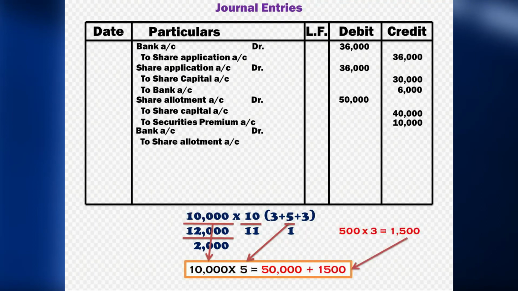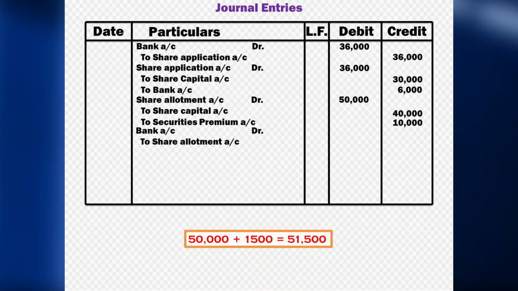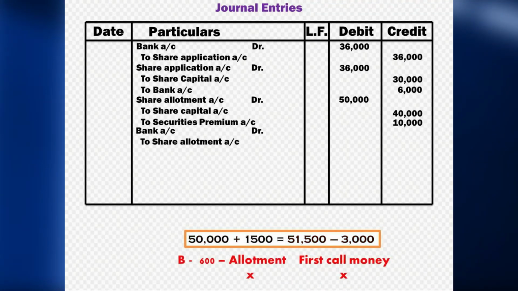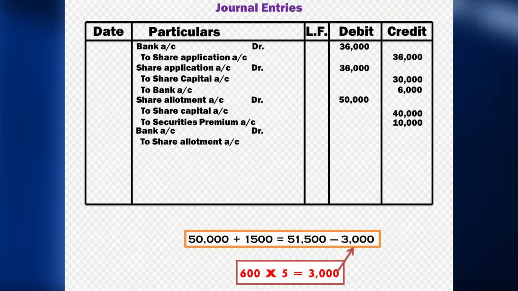This is the extra money of first call on 500 shares, means 500 into 3. So total 51,500 and minus 3,000, because we couldn't receive money on 600 shares at the rate of rupees 5, means minus 3,000. So net amount will be bank account debit 48,500.